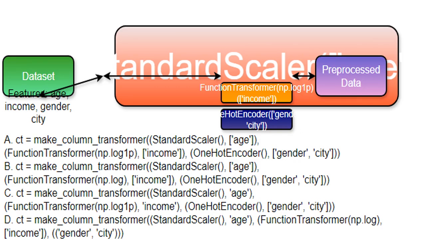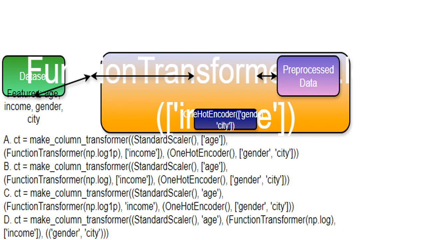I'll use the standard scaler to standardize the age column. This means I'll center the data around a mean of 0 and a standard deviation of 1. It's a common step to get features on a similar scale. For the income column, I'll use a log transformation with the np.log1p function, log 1 plus x.